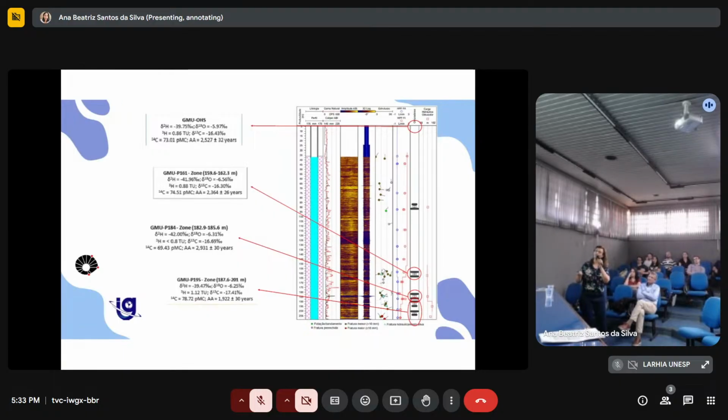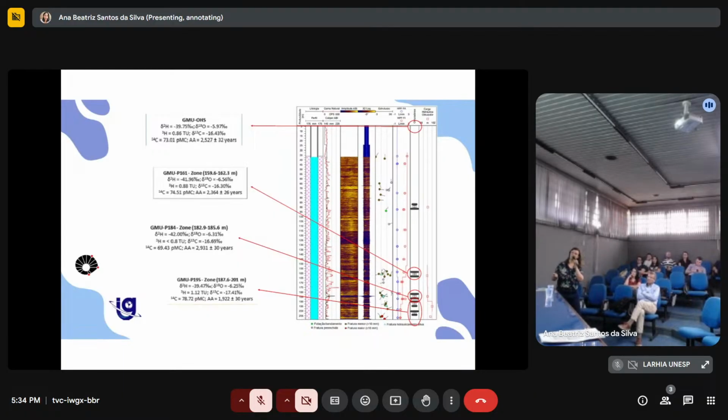And here you have already some of our results. You have the numbers, I will show you also a graph in a few slides, but you have the numbers for delta deuterium and delta oxygen. You have the numbers for tritium, for carbon 14, and then here the estimated age from carbon 14 determinations.